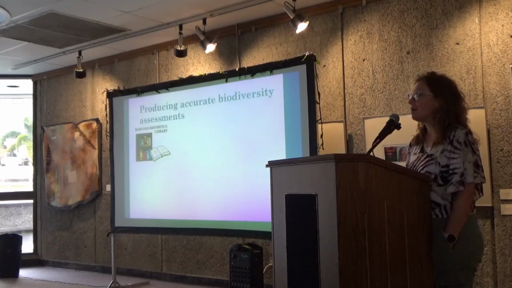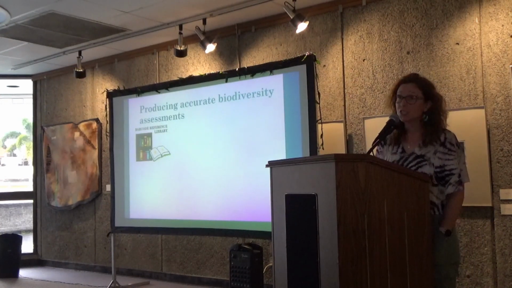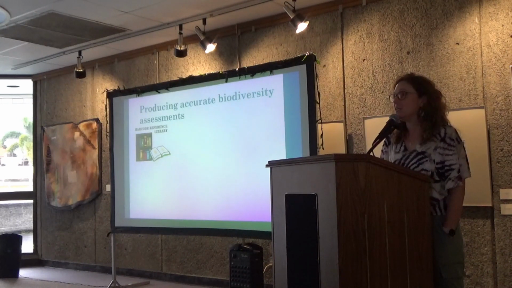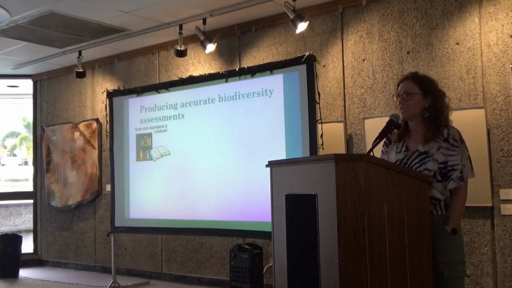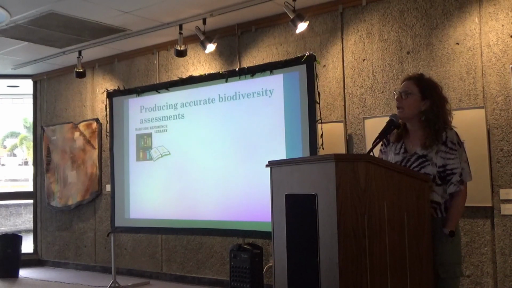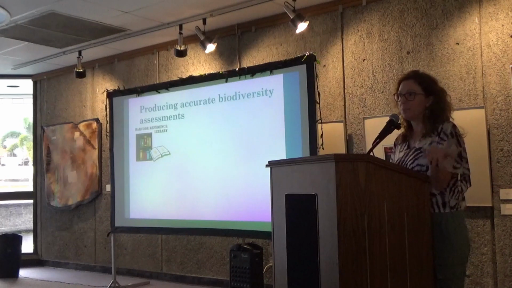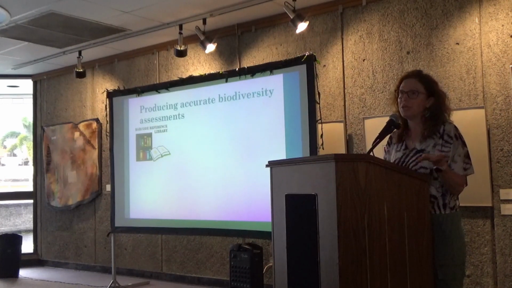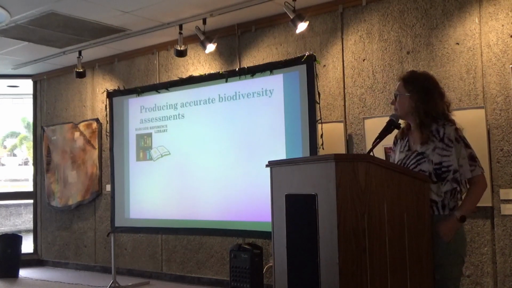A barcode reference library is a DNA signature from a voucher specimen that you have an identification for taxonomically. And then you voucher that specimen DNA as well. And then when you go out and collect the DNA and you only have the DNA signature from a stream, you can match it to the DNA signature of the specimen in a museum or in a personal collection.